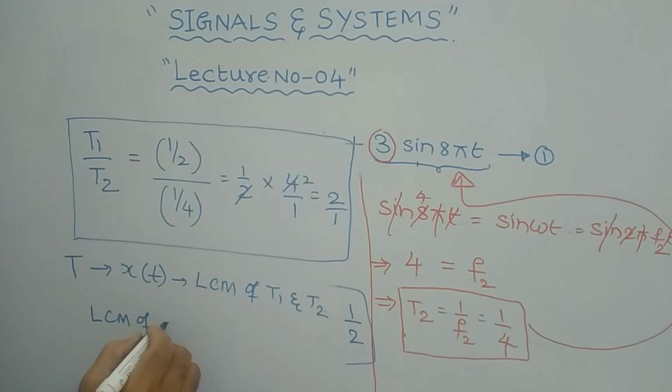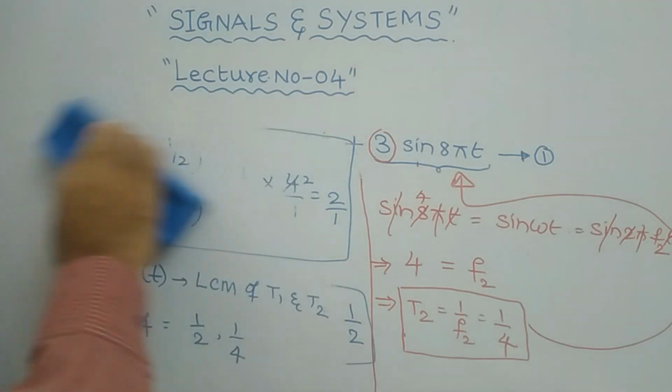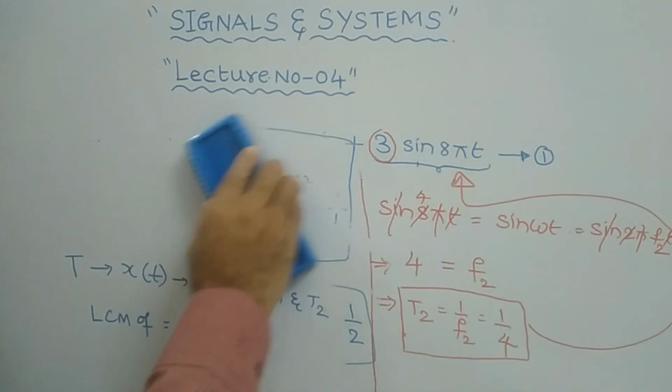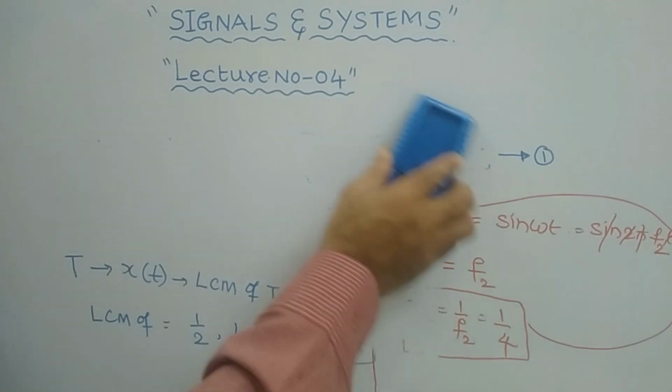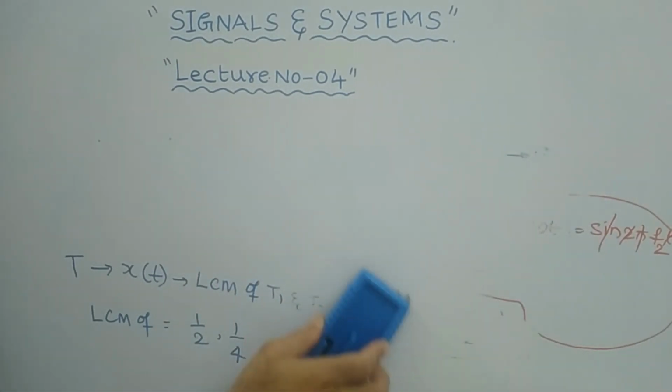They are 1 by 2 and 1 by 4. So what is the LCM of these fractions? It is very simple. I think you are already aware of how to find the LCM of two fractions.